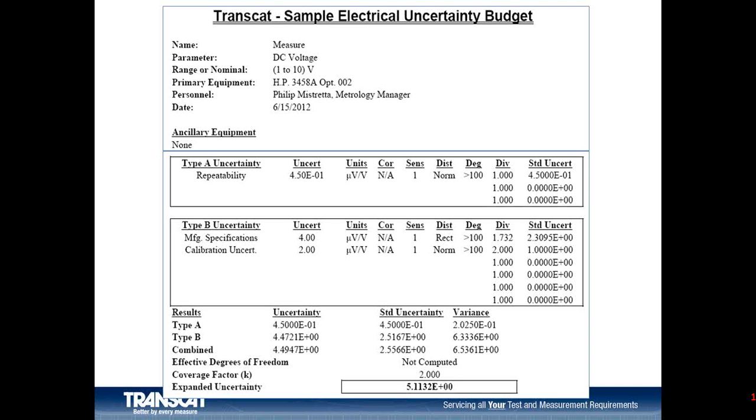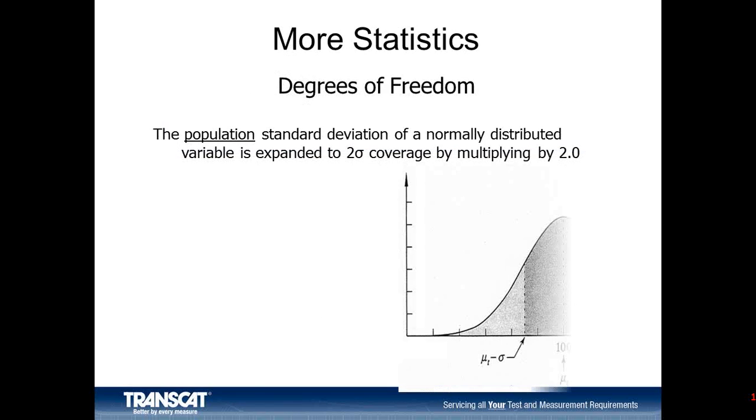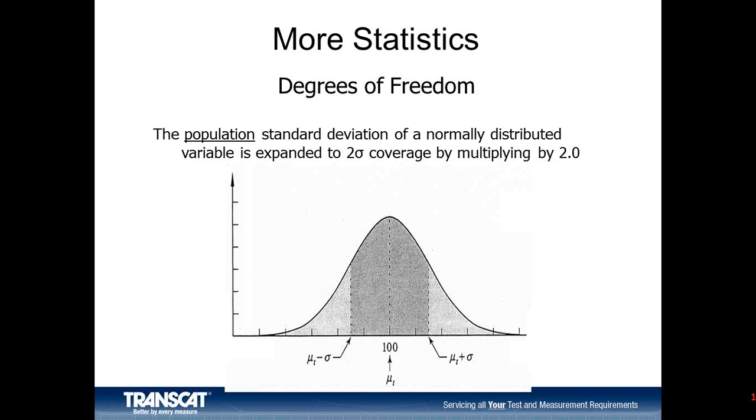And between those 2 columns is one with the heading DEG, that's short for degrees, which is short for degrees of freedom.